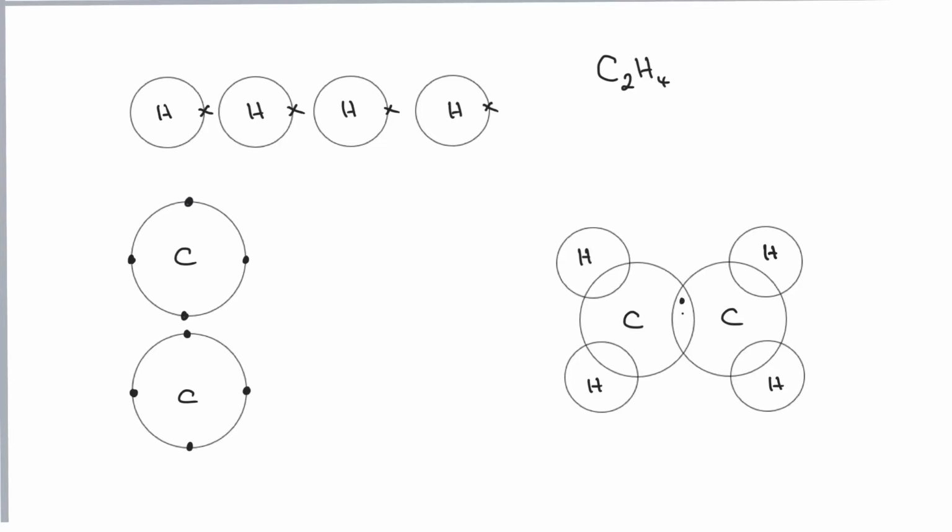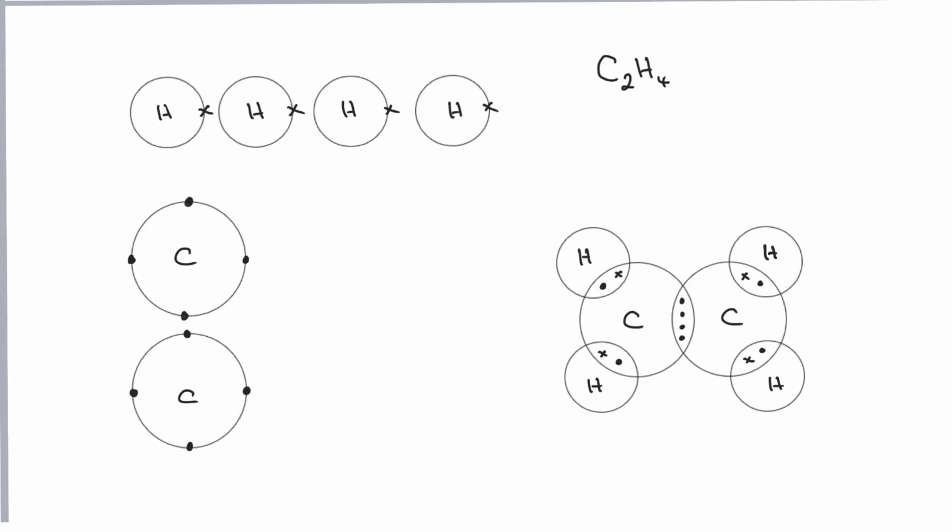So I'm going to put the 2 pairs of electrons there. I'm showing those electrons as dots because both of those pairs come from carbon atoms. Then I'm going to show a dot and a cross in each of the other single covalent bonds.